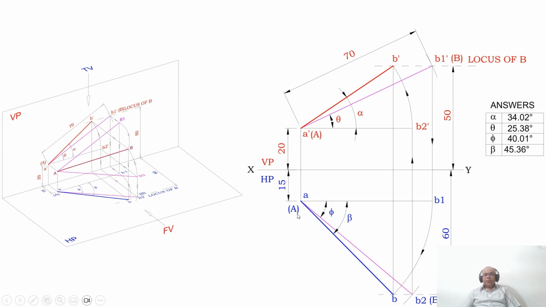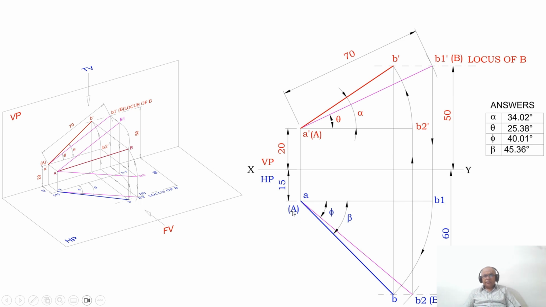Similarly, you know this is the true length in the vertical plane because that line is parallel to the XY line in the front view. If the line is parallel to XY in the front view, correspondingly in the top view you are going to get the true length.